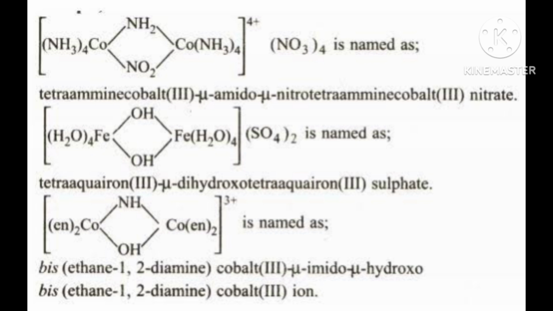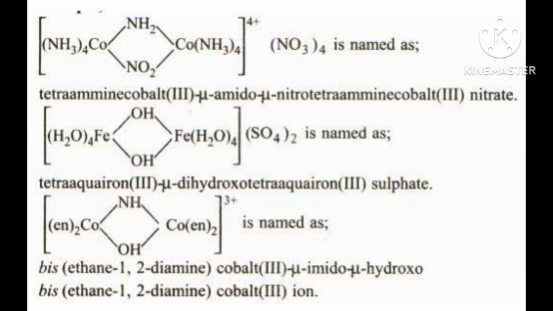For carbon monoxide you write carbonyl. For NO, nitric oxide, you write nitrosyl. These are placed within enclosing marks, in a small bracket. Now the fourth rule.